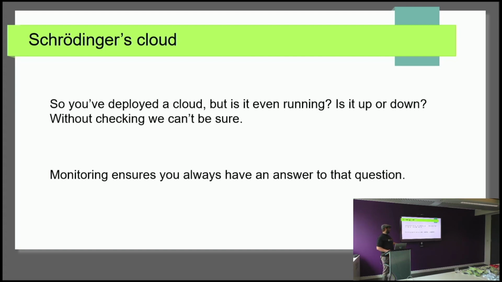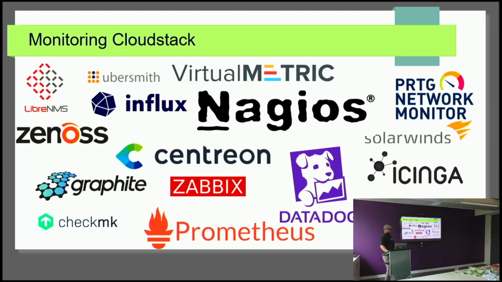That's why we need proper monitoring and alerting to see what is going on in your deployment, in your infrastructure. In terms of solutions, there is really a vast choice out there.